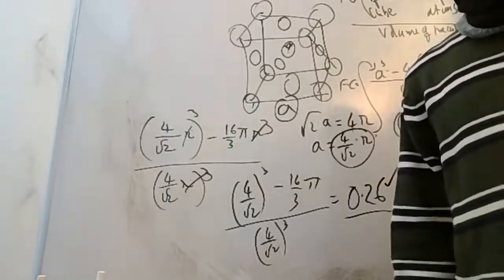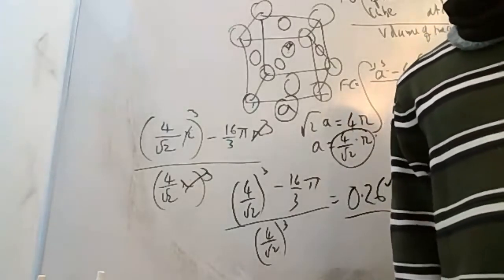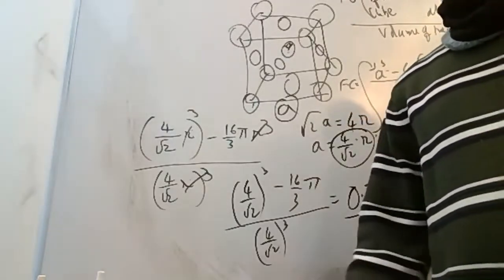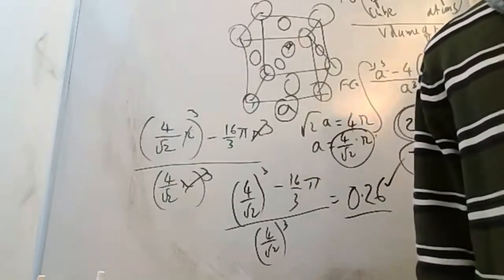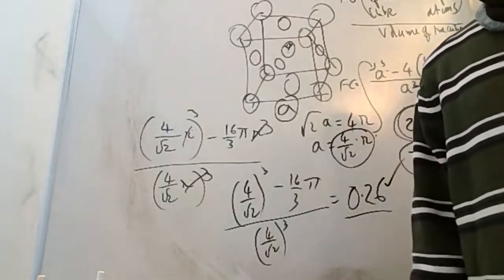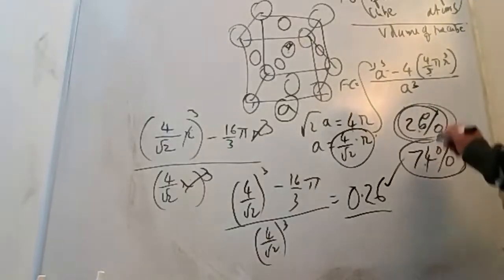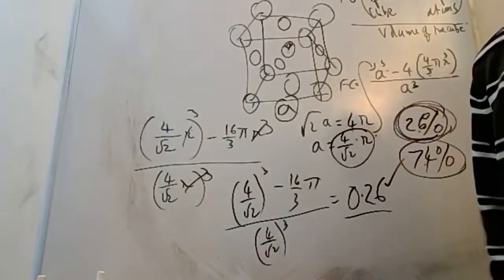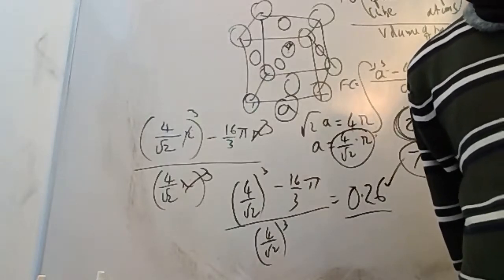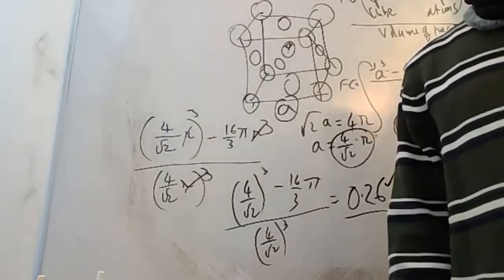So a lot of design aspects of the material's properties, such as the strength, the conductivities, the dielectric constants, a lot of properties can be altered by utilizing the small amount of space that you have, 26%. Am I making sense here, folks?